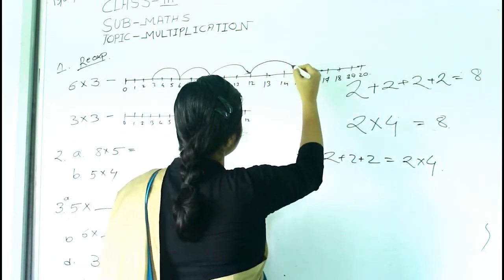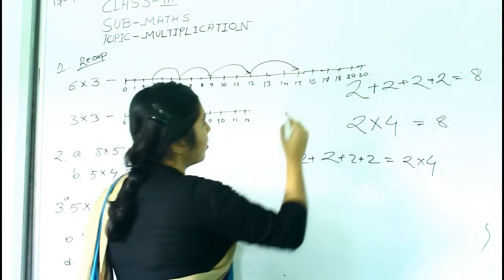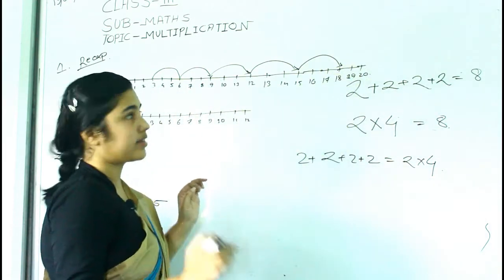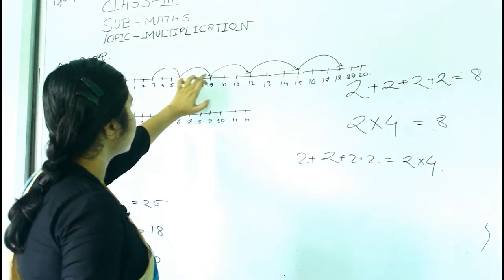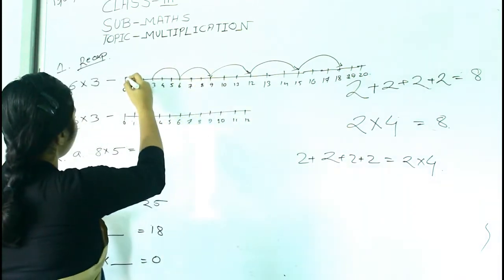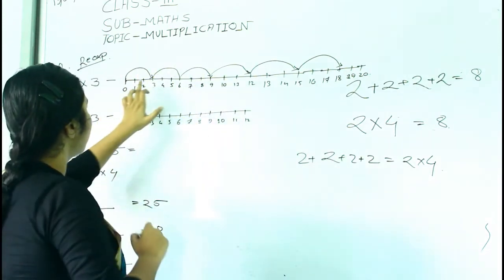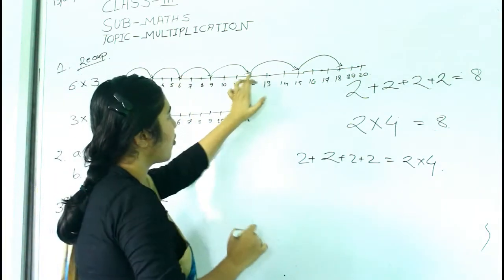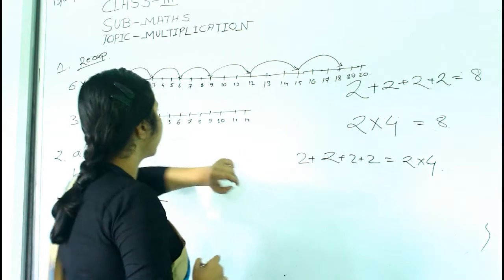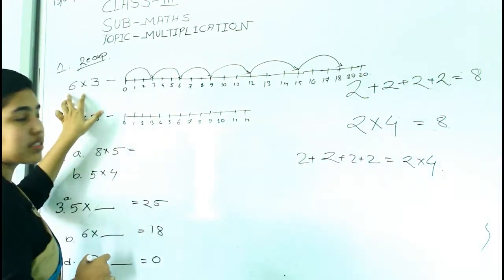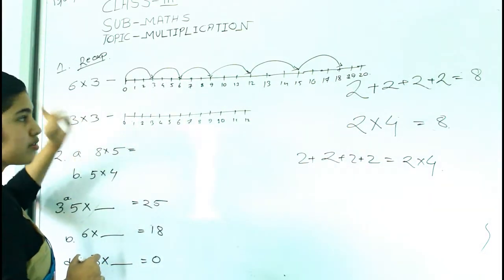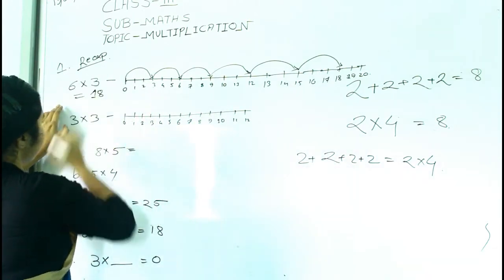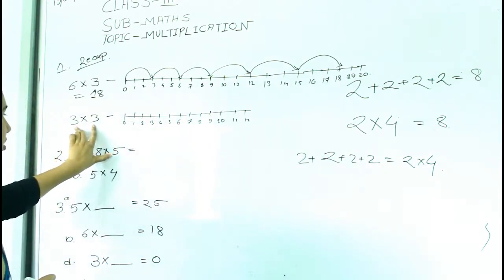Next 3 5s are 15 and next 3 6s are 18. So 1, 2, 3 from 0, 1, 2, 3, 4, 5, 6, which means if we multiply 6 with 3 or 3 with 6, we will get 18.